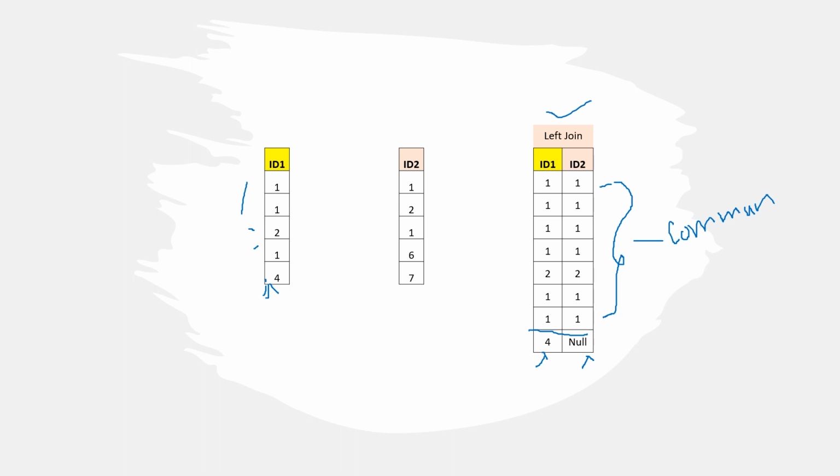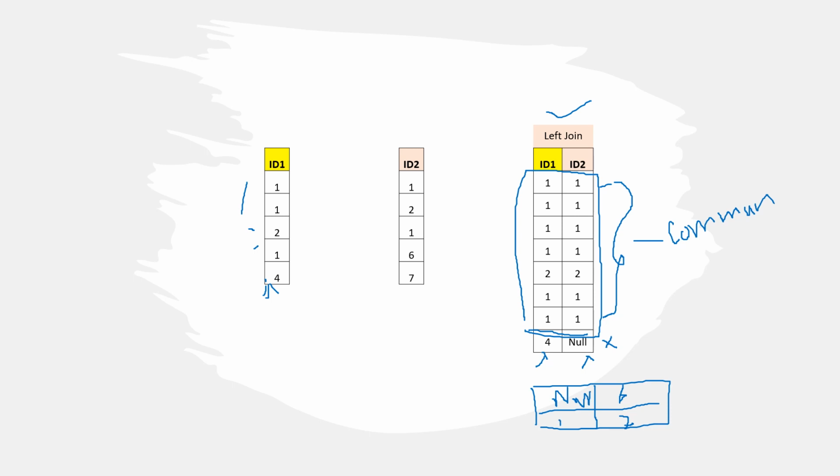And in this case, if we are performing the right join, what we will get is one more: in the left join case we get the common rows from till here, and in the right join two other rows, which are 6 and 7, with the respective null value in id 1.